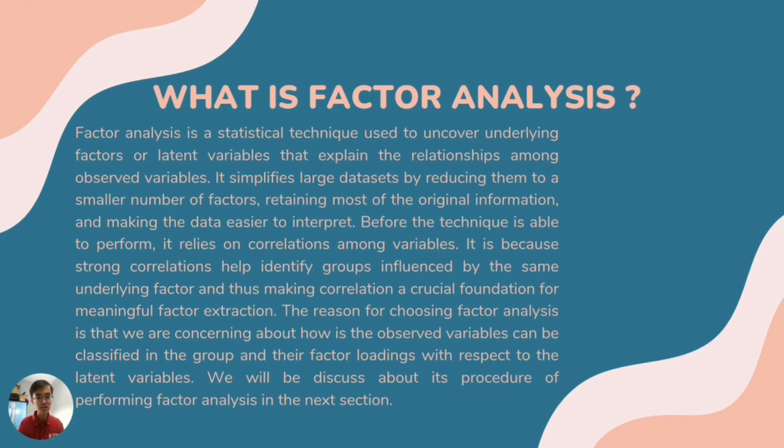Before the technique can be performed, we need to make sure there is a strong correlation among variables in order to provide the crucial foundation for meaningful factor extraction. The reason for choosing factor analysis is that we are concerned about how the observed variables can be classified into groups and their factor loadings. We will discuss the procedures of FA in the next sessions.